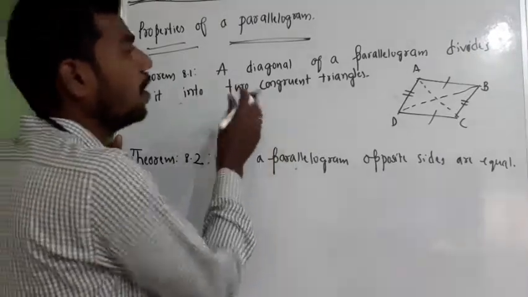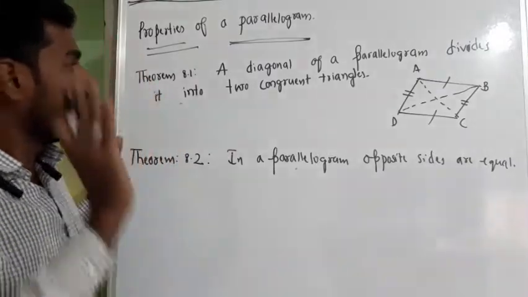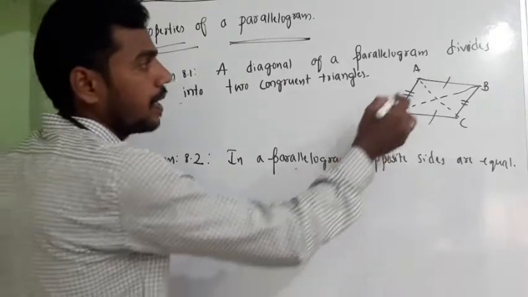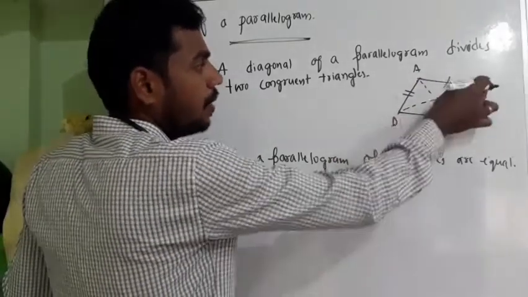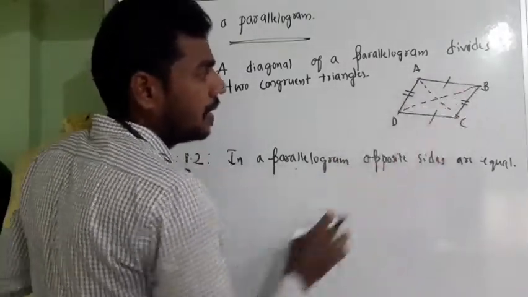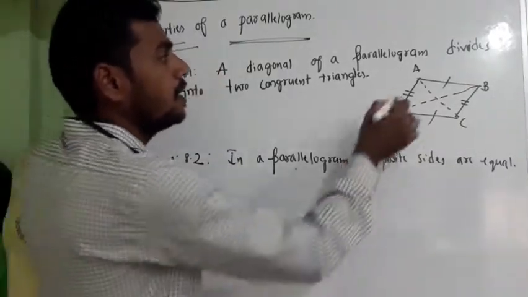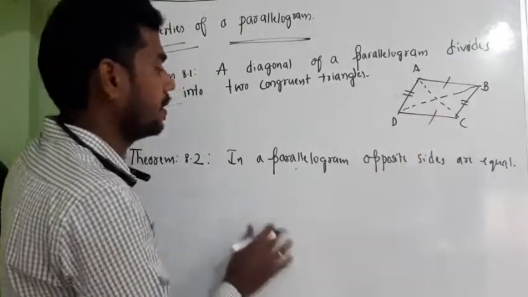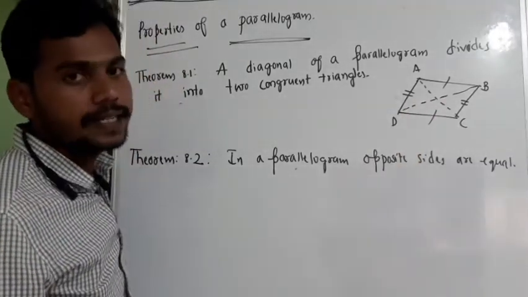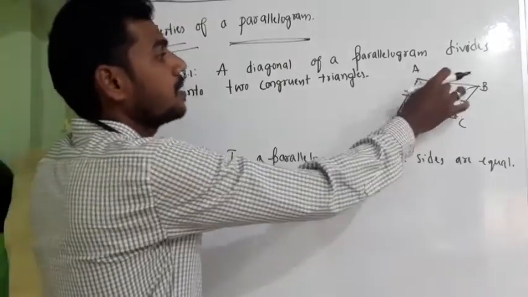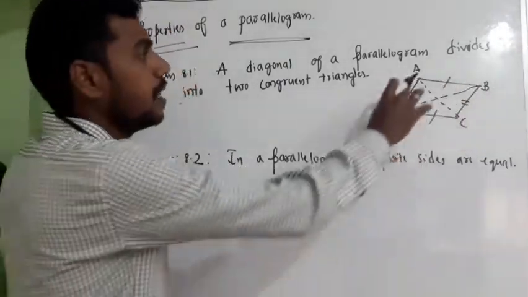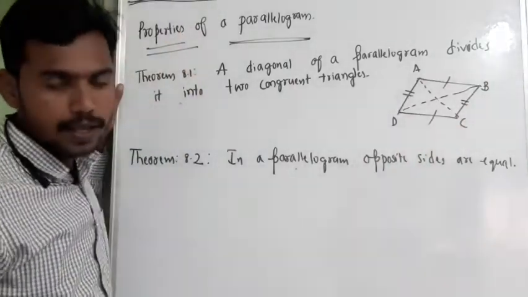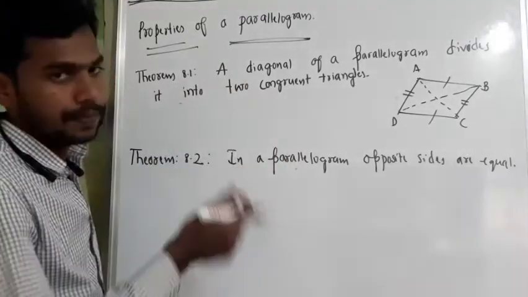But you just need to know a diagonal of a parallelogram divides it into two congruent triangles. If ABD is congruent to triangle BCD, obviously opposite sides will be equal. That is what I have written. In a parallelogram, opposite sides are equal. If this triangle is congruent to this triangle, obviously AD is equal to BC, AB is equal to CD. So that is the next theorem of the parallelogram. Please note this down.